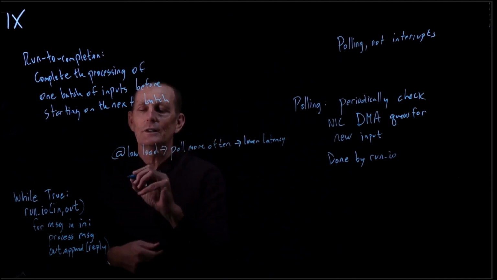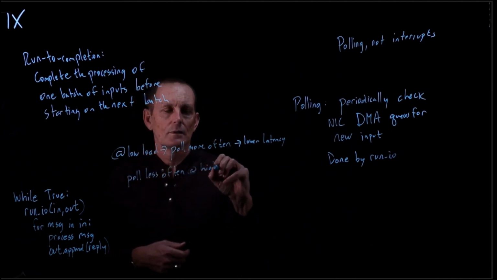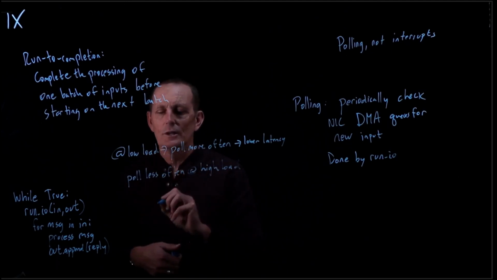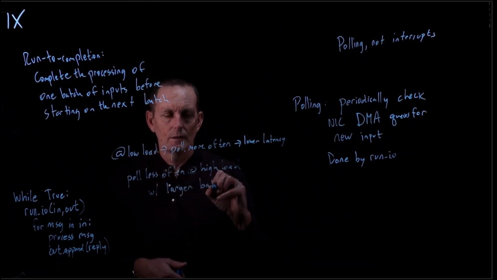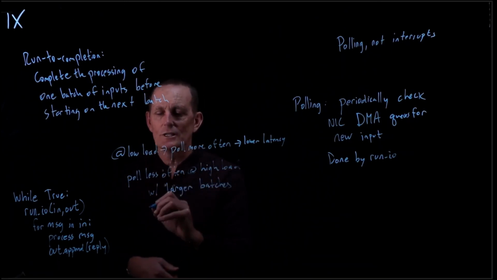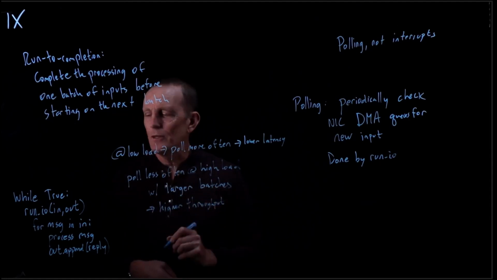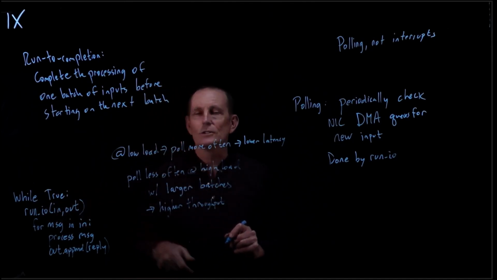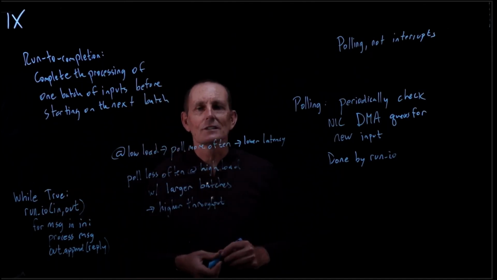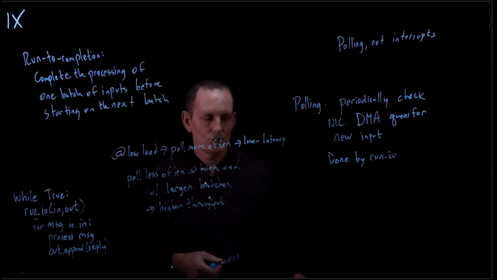And then we poll less often. We poll less often at high load, but we're automatically using larger batches, and that implies higher throughput. Our cost of this run IO system call is going to be amortized for these much larger batches.